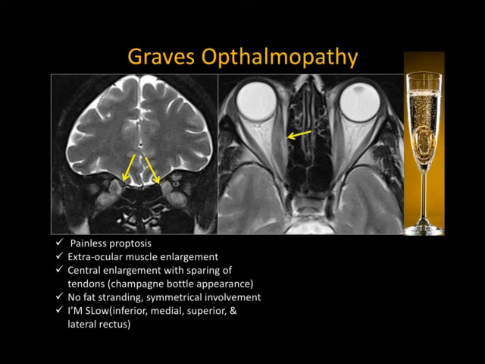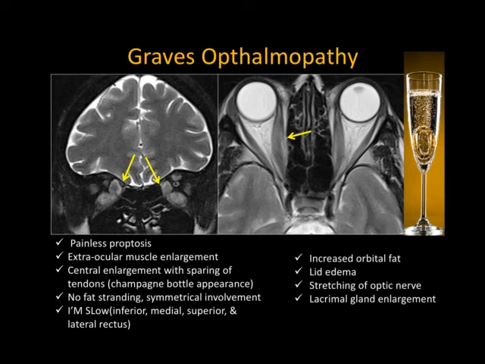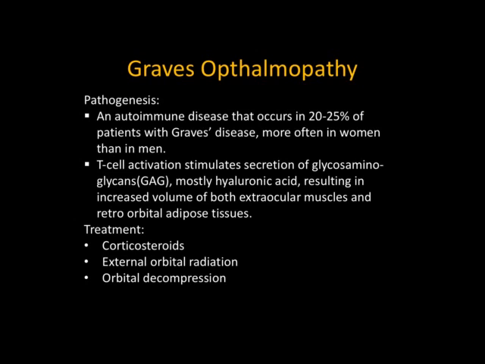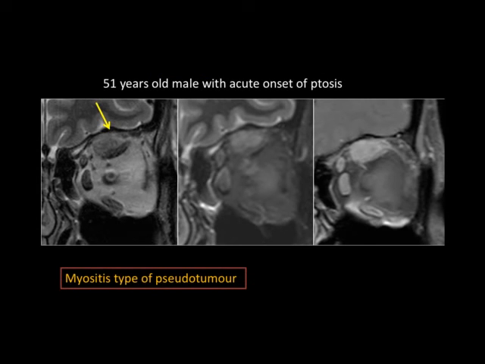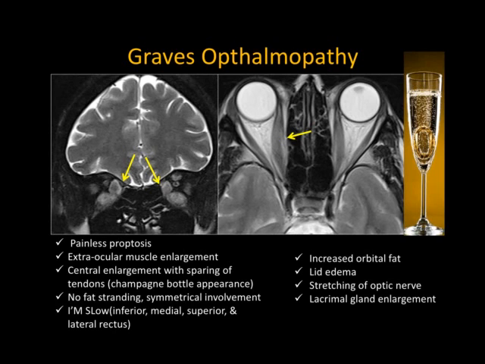Enhancement you might see more in pseudotumor. Even if it is unilateral, your first thought should still be thyroid. The champagne bottle appearance: the muscle belly is involved and the tendon is spared.